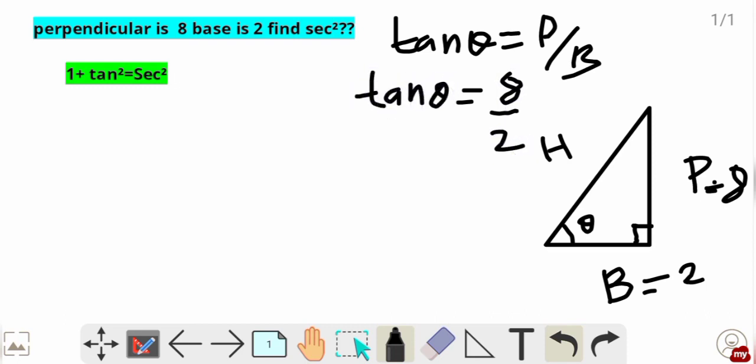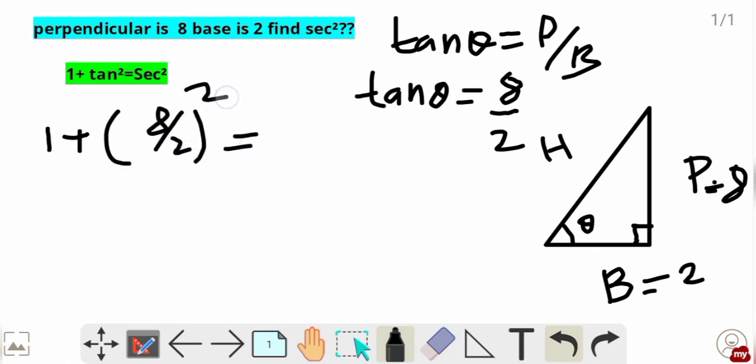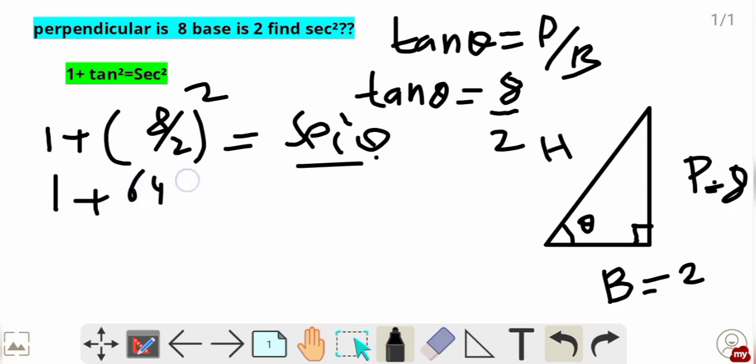So we have given formula 1 plus tan square is equal to secant square theta. So put the value of tan here. 1 plus tan value is equal to (8 divided by 2) square is equal to secant square theta. We have to calculate secant square theta. So 1 plus 8 into 8 is equal to 64, while 2 into 2 is equal to 4.